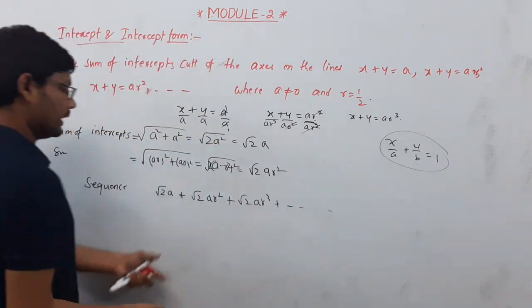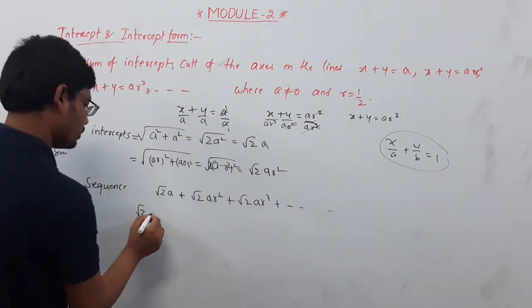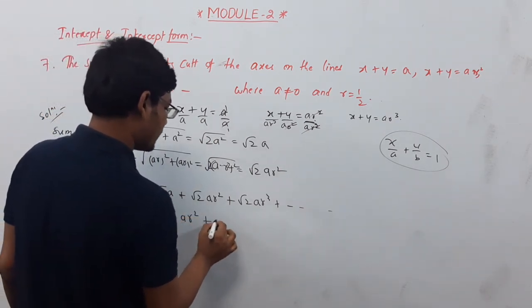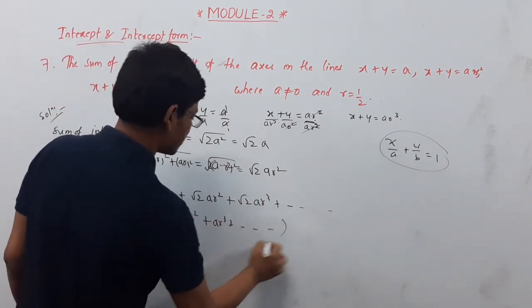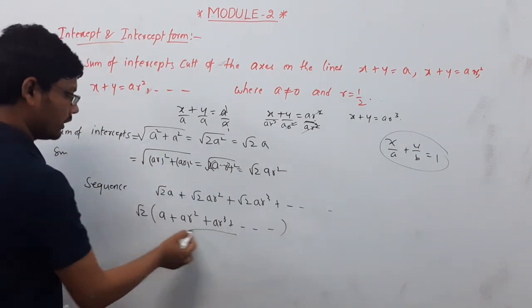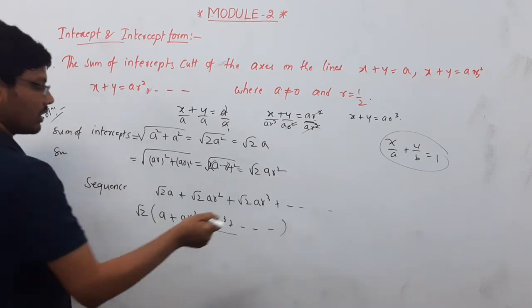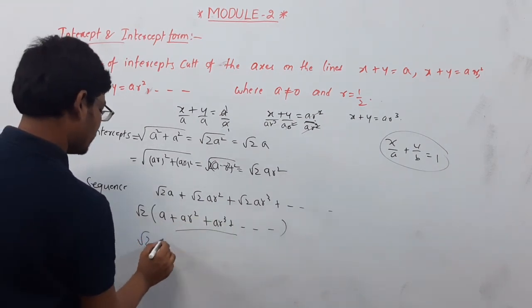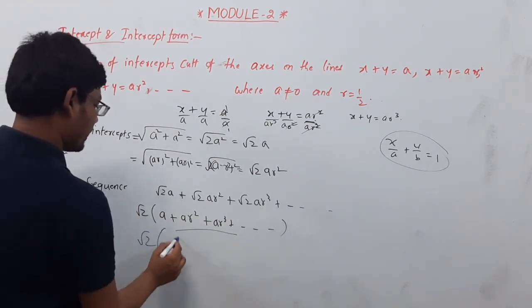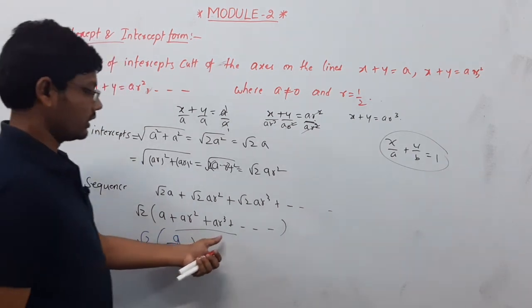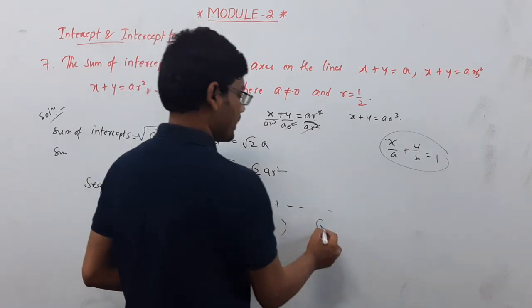Let's take root 2 as common: root 2 of a plus ar plus ar square plus and so on. If you look at this one, it is in the form of a geometric progression, GP. So root 2 into a by 1 minus r. This is the expression.